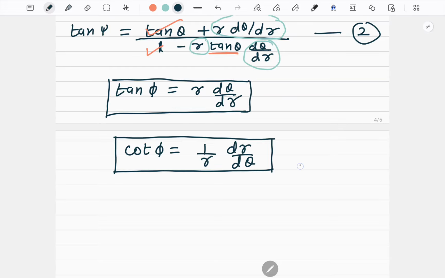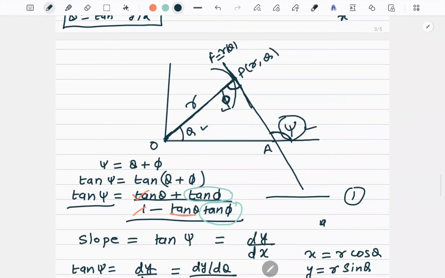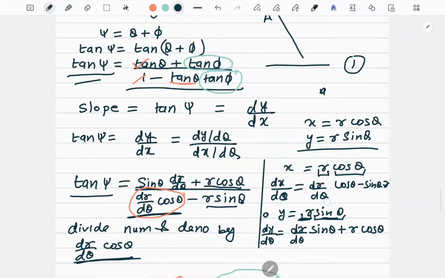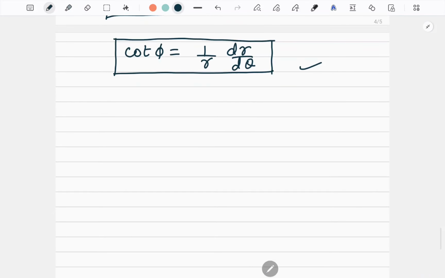So that time you have to derive this. You will start with this, draw the diagram, then write tan phi, the first relation, and this is the whole derivation you have to write down. This is the formula I will be using in each and every question.